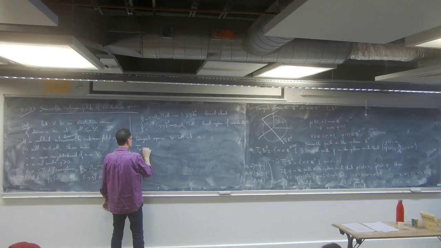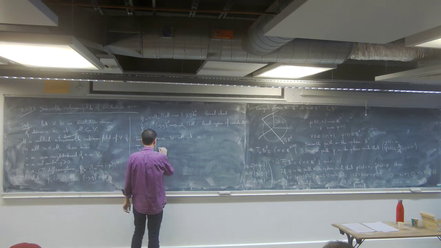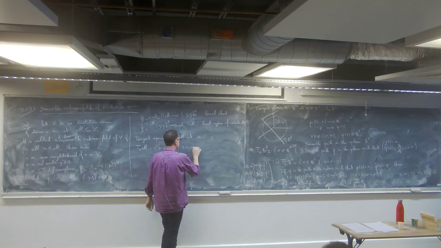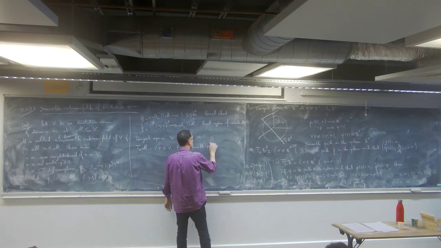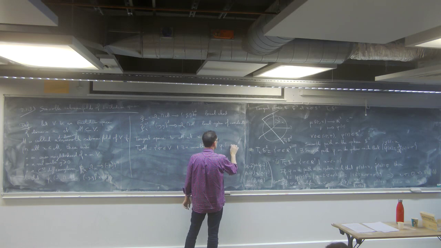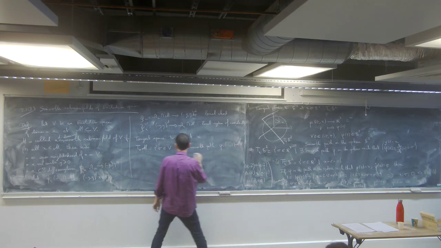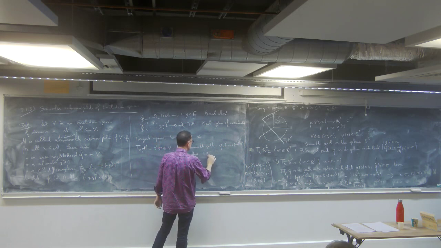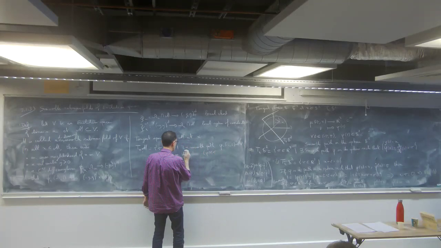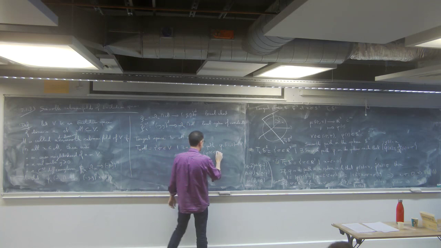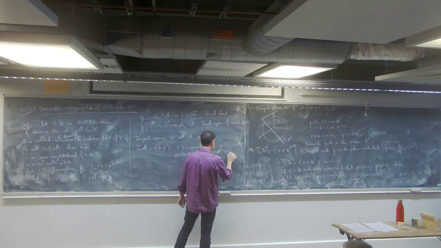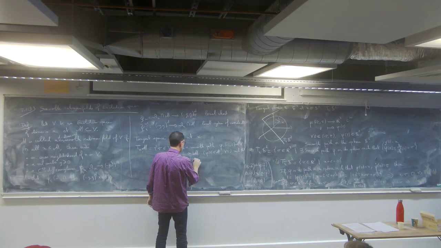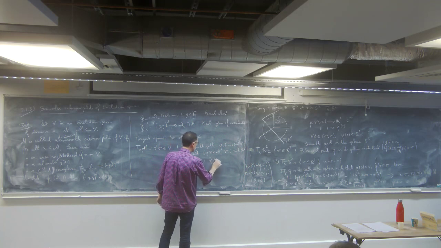T x M is the set of vectors v such that there exists a smooth path phi from minus tau, tau to V, that is phi of t is on the manifold, in M, for all t, such that phi of 0 equal x, and phi dot of 0 equal v.